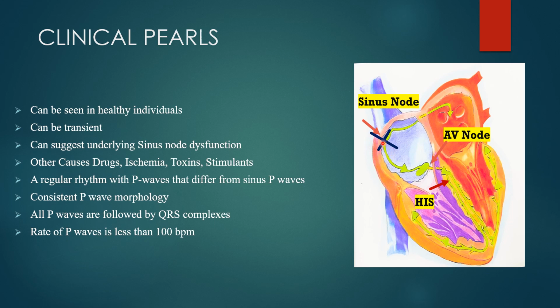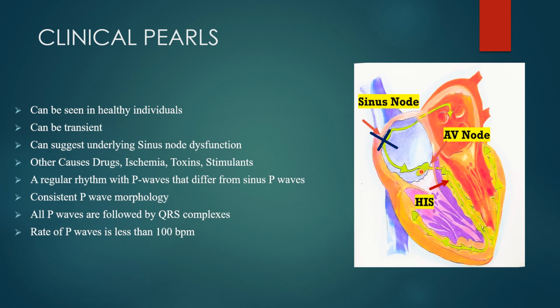That's why it is called the pacemaker of the heart, because it drives the rhythm. So whenever it falls down, either transiently or persistently, someone has to take over the escape, and this occurs at the level of the atria.